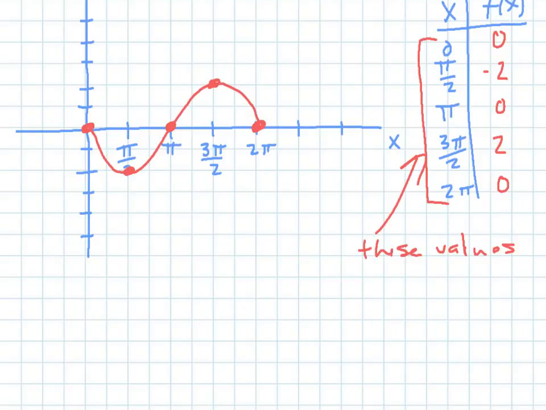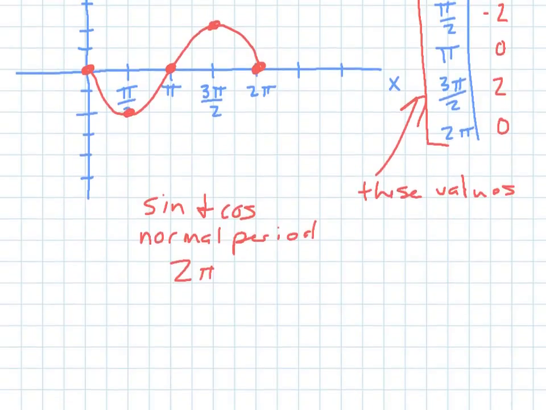Now, how I came up with those, you want to take a normal period for your function. So for sine and cosine, normal period would be 2 pi. Okay? And I always take the normal period, or whatever period I have now. So when we change our period, this will change as well. But my period for these ones is 2 pi.